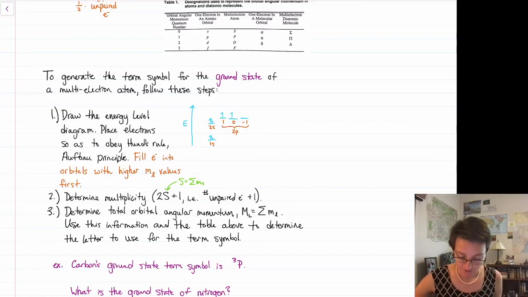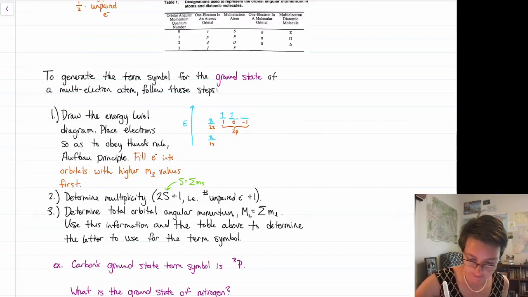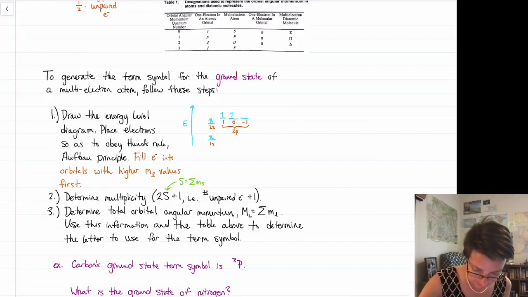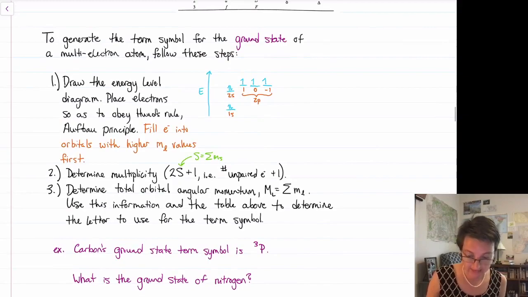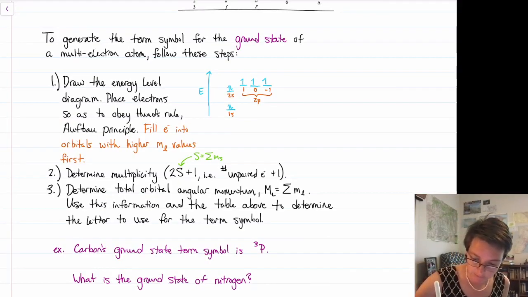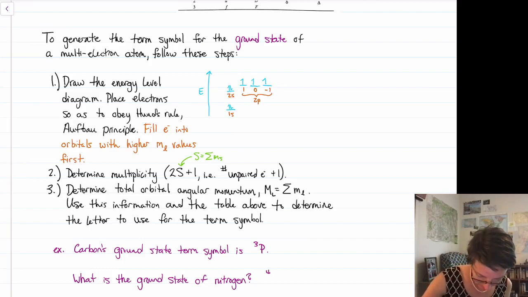Okay, so our ground state term symbol for nitrogen is pretty similar to that of carbon. We just need to add in one more electron for nitrogen so that it has a total of 5 valence electrons. In that case, now I see that I have 3 unpaired electrons, so my multiplicity is going to be 4.